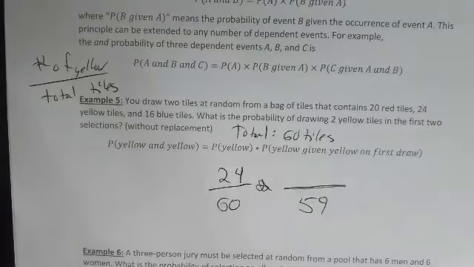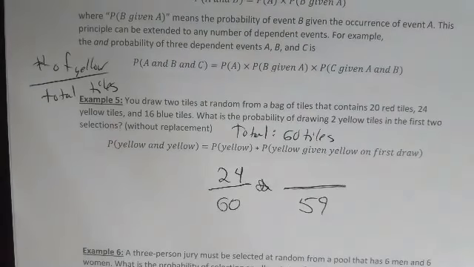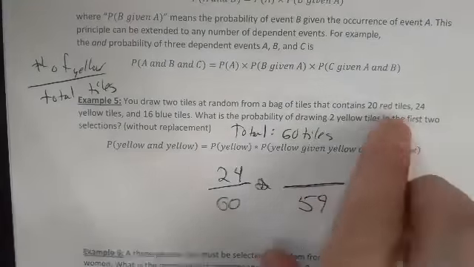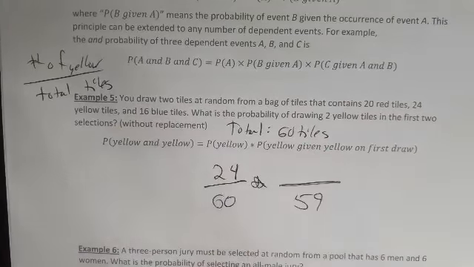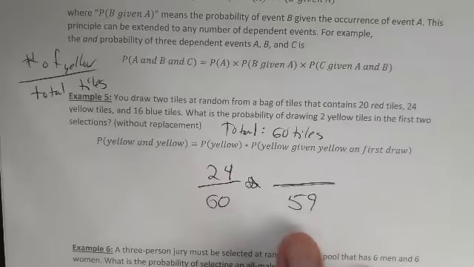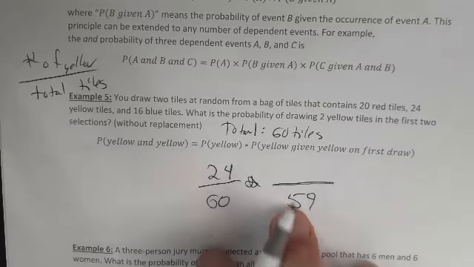We're doing the number of yellow out of the total tiles. Define the frequency of these things. Define the probability that we will draw it out of there. So if I start out, there are 24 yellow tiles out of the 60 total. I draw one out of them. Now I'm down to 59 total.